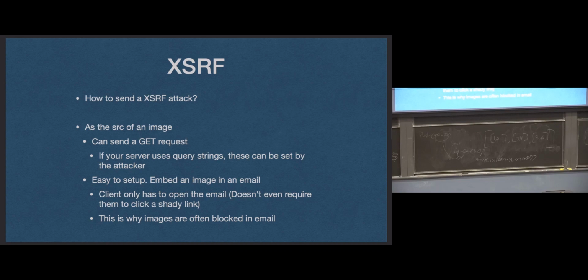If you have a legitimate use for a GET endpoint that uses query strings for the user to send you information, you're opening yourself up to an attack by using the source of an image, because an attacker can put whatever query string they want and send a cross-site request. If your server is taking that query string and treating that as an authenticated request, you're wide open to attacks like this. These are really easy to launch. You just type whatever URL you want as the source of your image. Cross-site attack is launched.